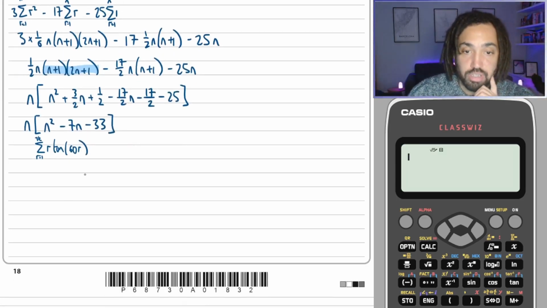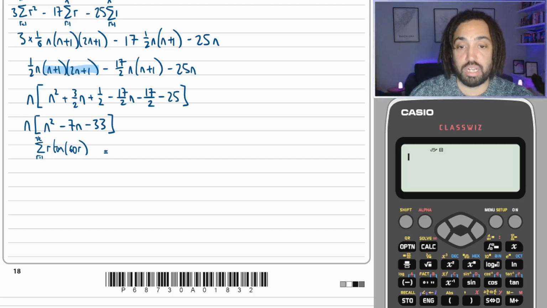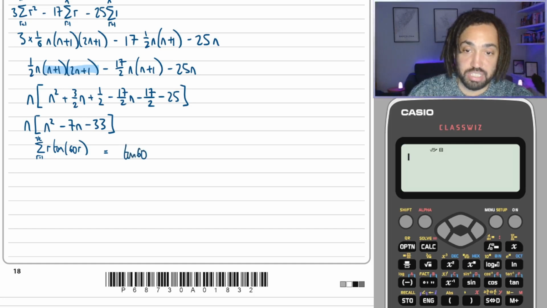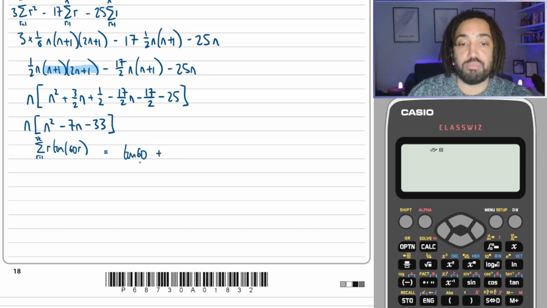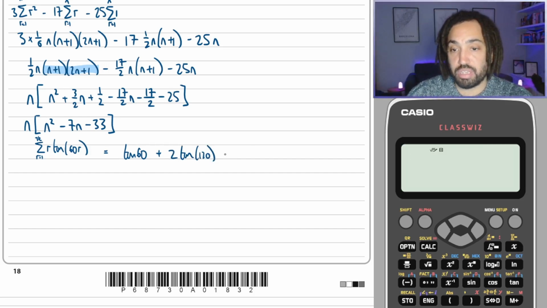Okay, so if in doubt, what we can do is we can start writing them out. So the first term, when r is 1, we're going to get 1 times tan of 60. So it's just going to be tan of 60. The next one, r is 2, we're going to get 2 lots of tan of 120, times in the 60 by 2.